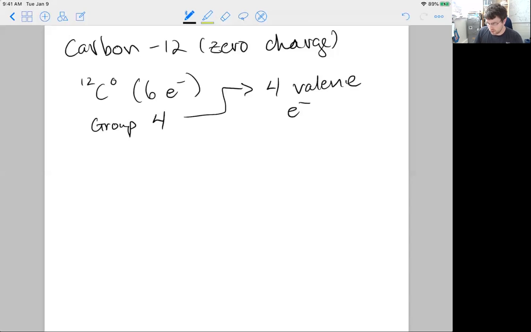So what we want to think about is something a little bit strange. I know that when we look at the electron configuration, we like to put 2 electrons into the s orbital, but we're actually going to spread the electrons out all over the carbon atom to prepare for bonding.